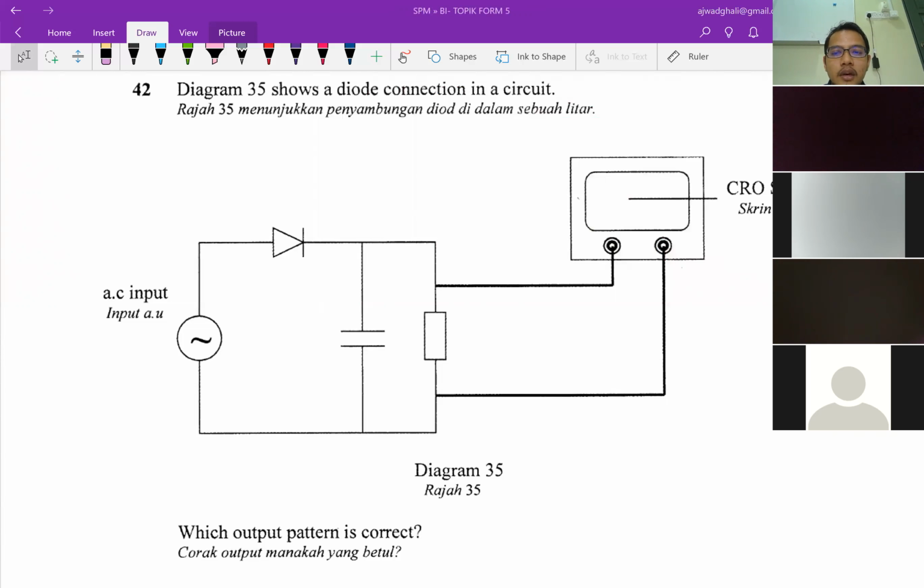Okay, good. It is a rectification. Why rectification? Because here you can see alternating current. So half wave or full wave? Okay, half wave or full wave rectification? Half wave. Okay. So is there a capacitor or not? Okay, so there's a capacitor. So what will be the output?